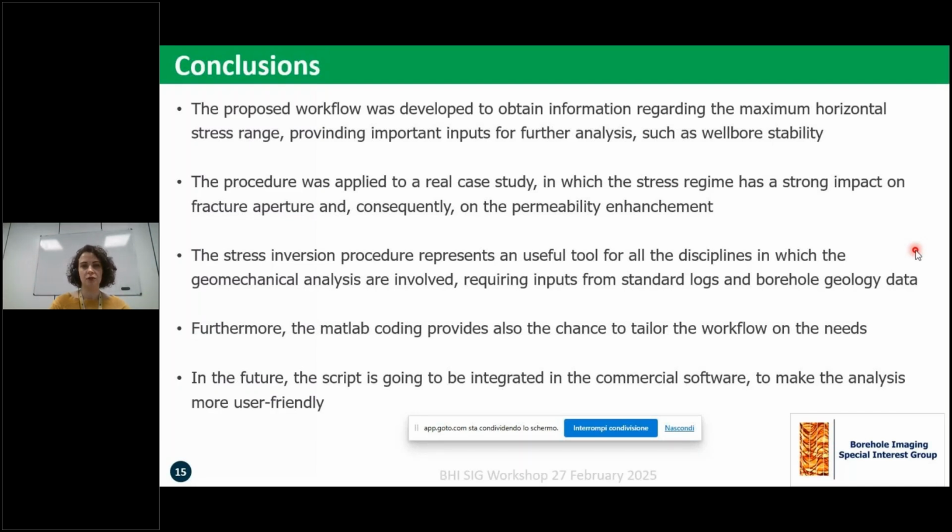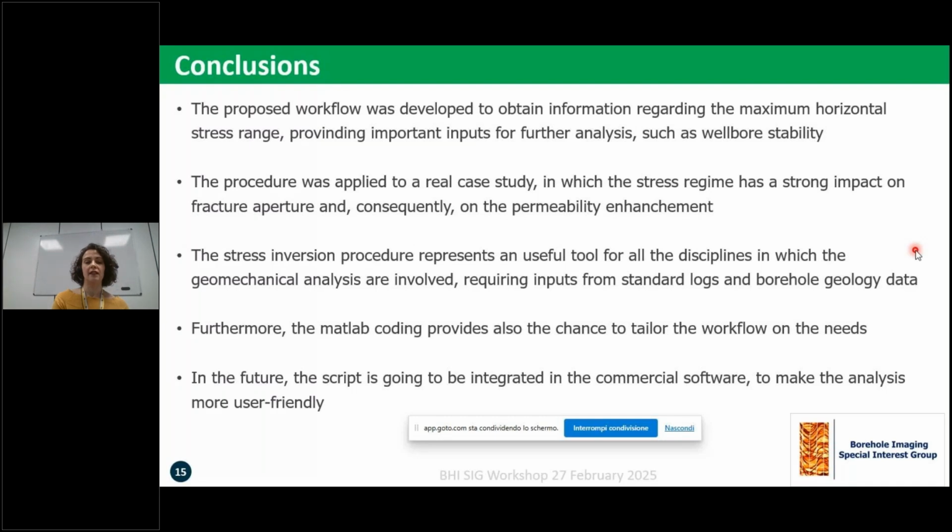And to show you the possible application of this workflow, I showed a real case study where the stress regime had a strong impact on fracture aperture, and then on the permeability enhancement.